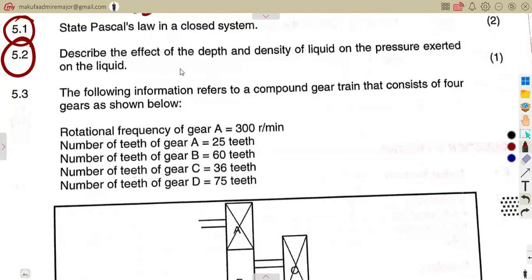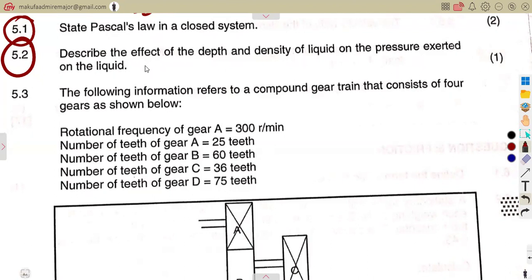Then describe the effect of the depth and density of liquid on the pressure exerted on a liquid. So pressure is directly proportional to the depth and the density of the liquid.